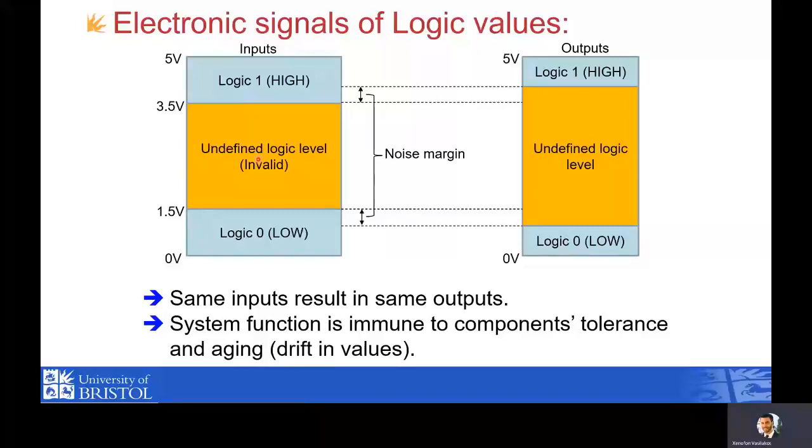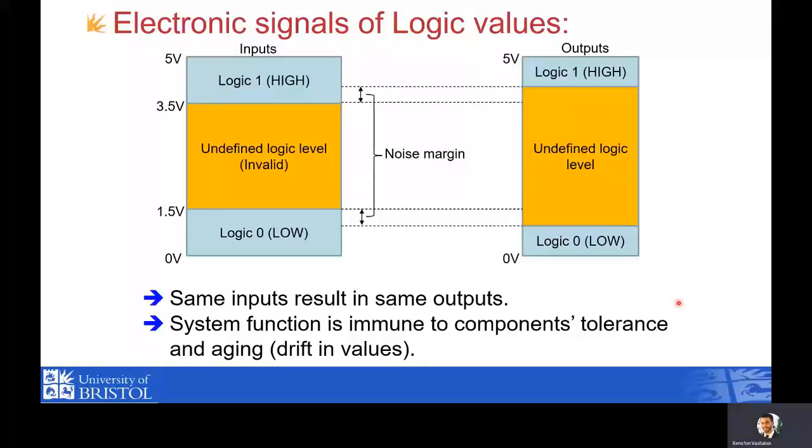Now, if you want to make this a little bit more reliable and reduce the noise, then you increase the noise margin, such as in this example, where anything between 0 and 1 volts is logic 0, and anything between 4 and 5 volts is logic 1. And the undefined logic level in between is obviously bigger in this case.